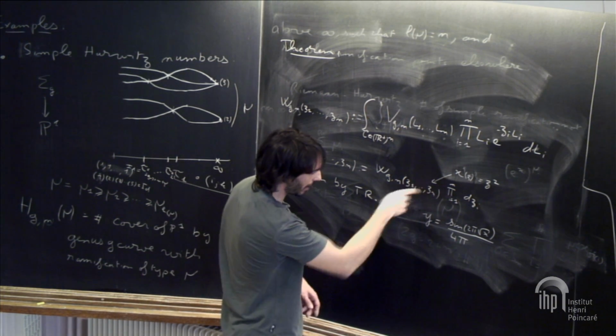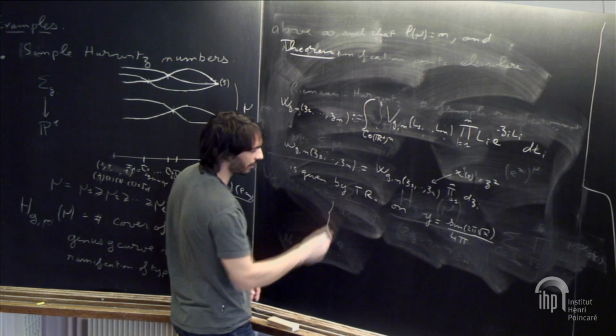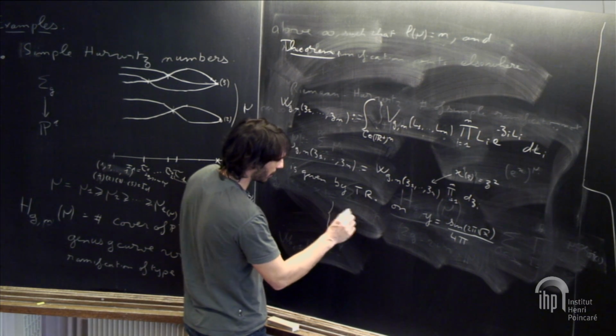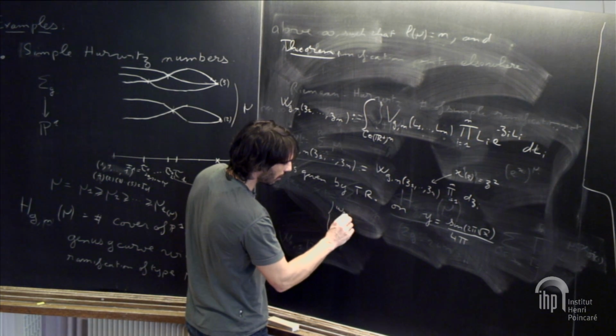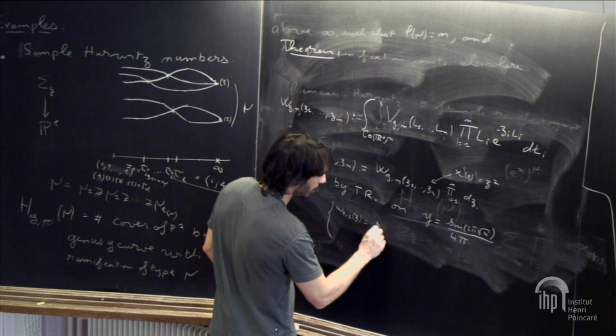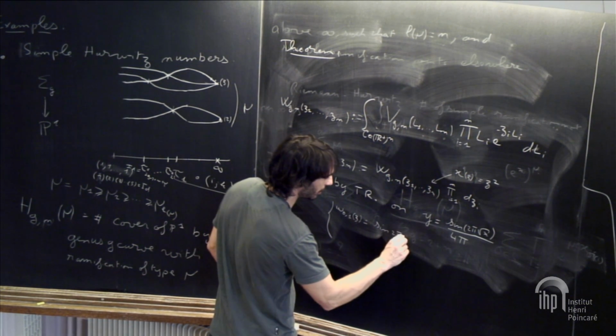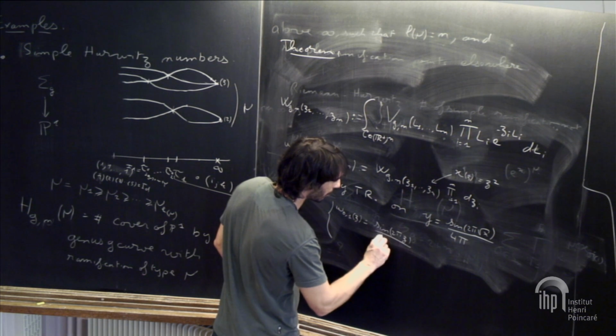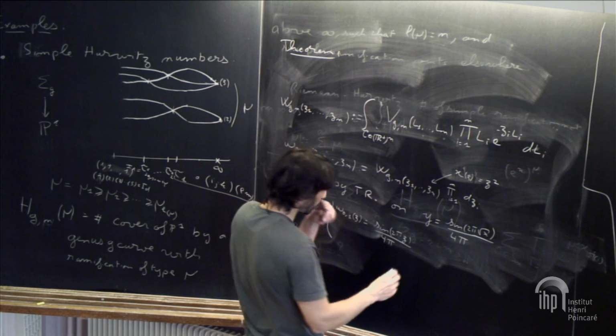So now if I write it in this coordinate z, the curve is the one where you've got omega 0,1 of z is equal to sine 2 pi z divided by 4 pi times dx of z.